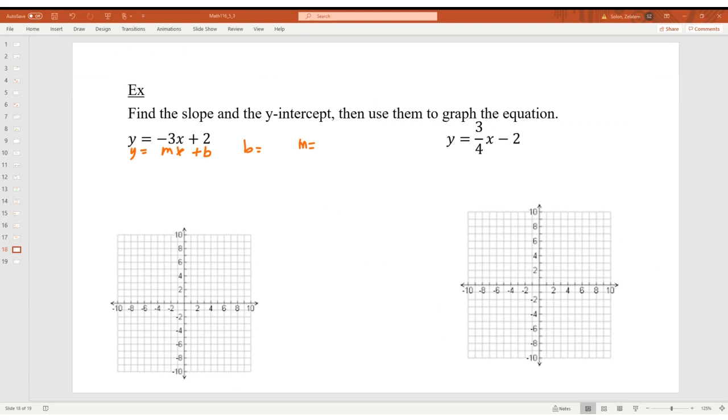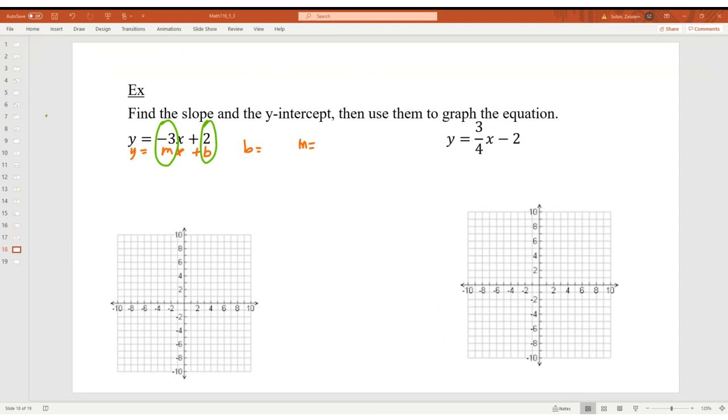Let me circle it for you so that you can see what I'm talking about. Excellent. You got the numbers right, but you just transposed them.